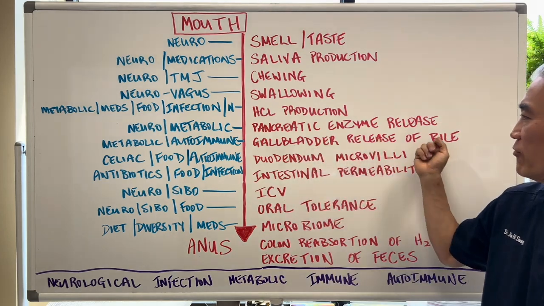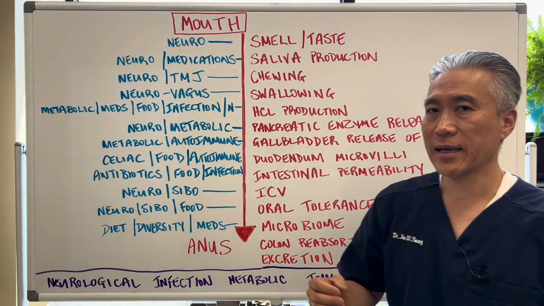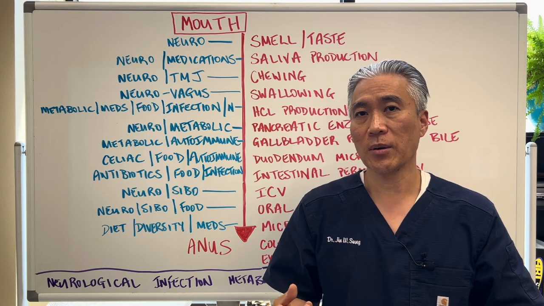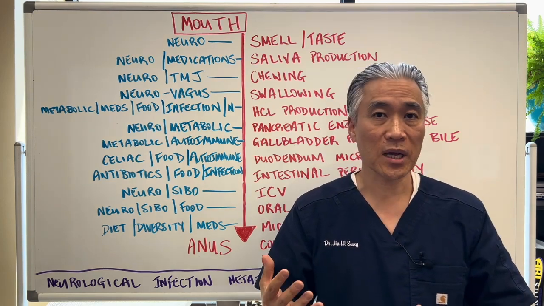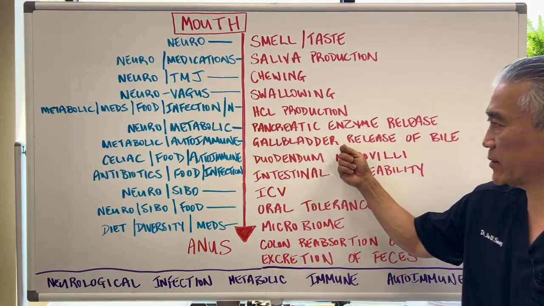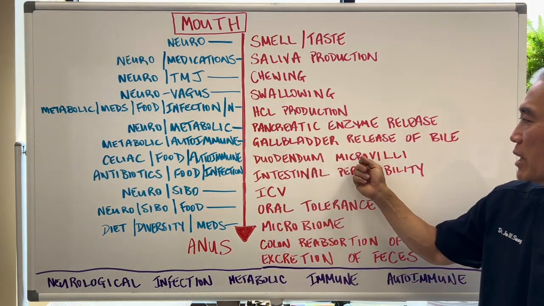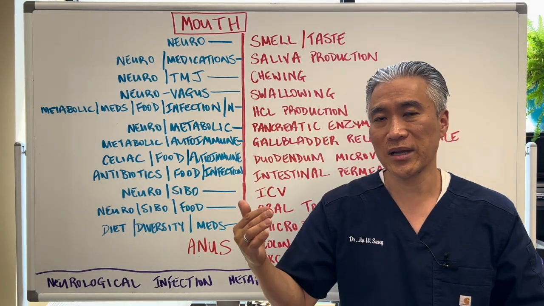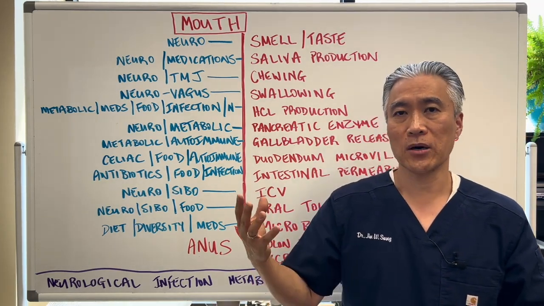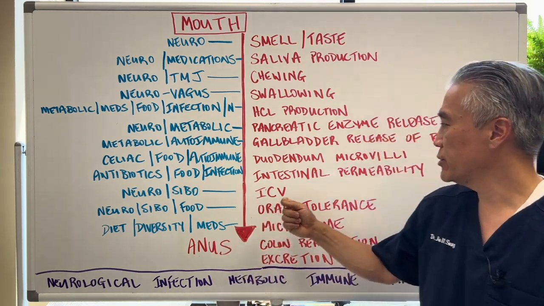Gallbladder release of bile. This is one that can be issues with gallbladder sludge or insufficient contraction. Sometimes autoimmune disease can create this. Duodenal microvilli, or blunting of the microvilli, can be related to an autoimmune disease or food reactions.